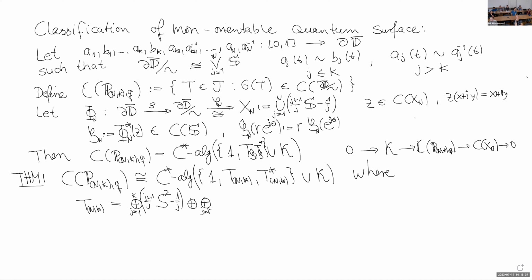So k plus 1 and j plus 1, j. See, this is just we shift a little bit the spectrum, so this operator separates the points. It has essential spectrum X_N.